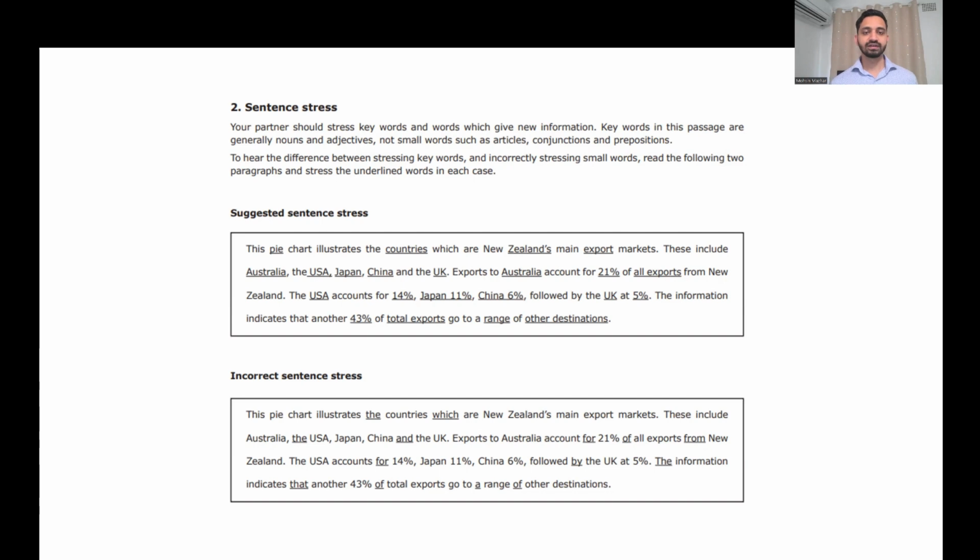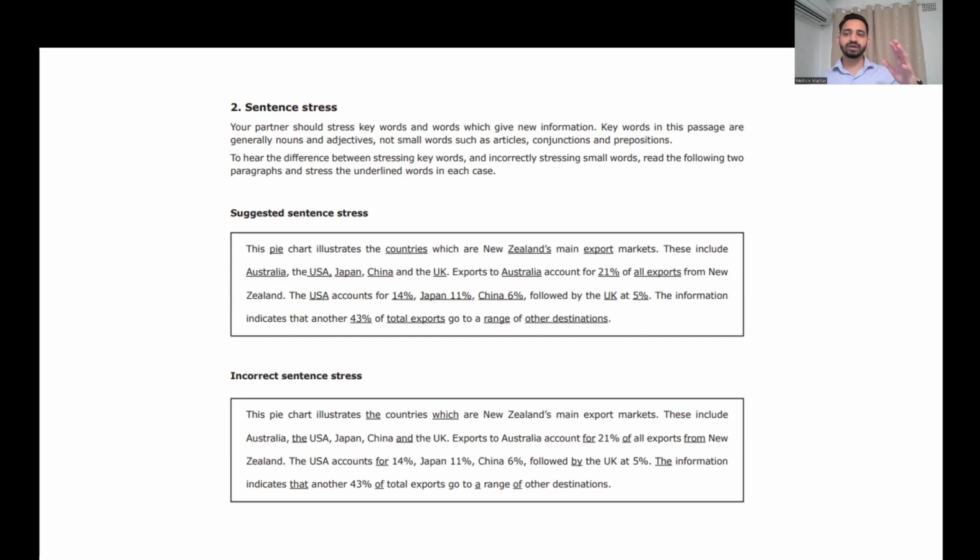The USA accounts for 14%, Japan 11%, China 6%, followed by the UK at 5%. The information indicates that another 43% of total exports go to a range of other destinations.